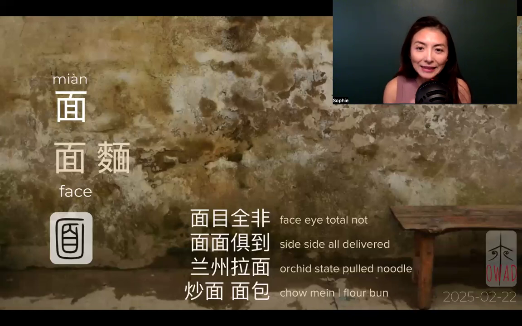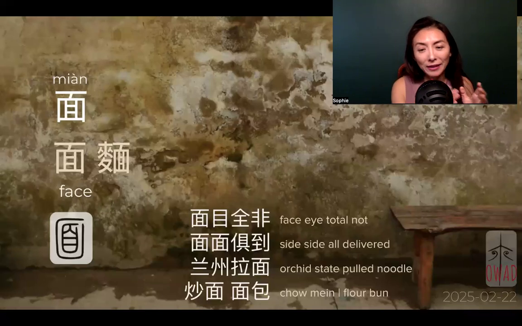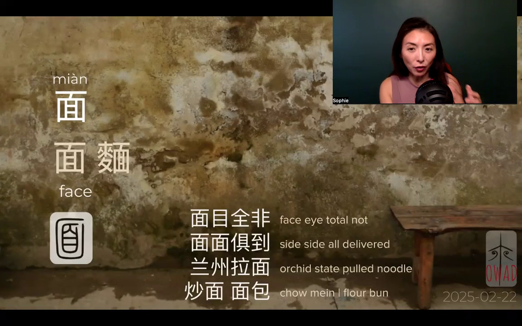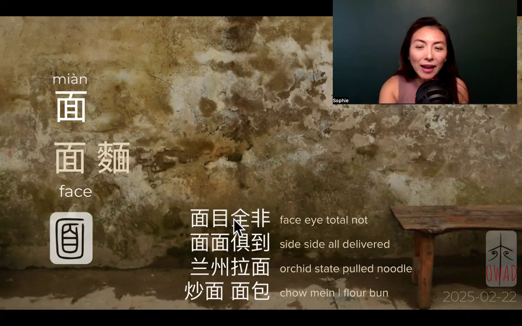面面俱到, side or face or this surface and that surface all delivered. In that case, 全 and 俱 are kind of similar. It means complete, count everything in. This means you're trying to accomplish something and you take into consideration everything, so that it's very defensible. There's nothing you overlooked.